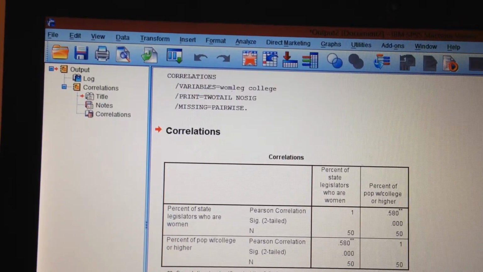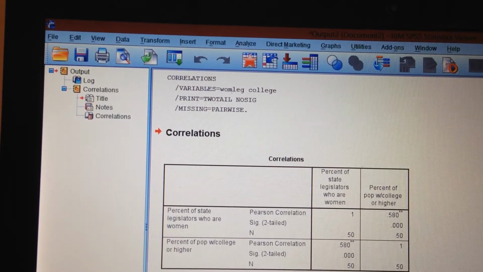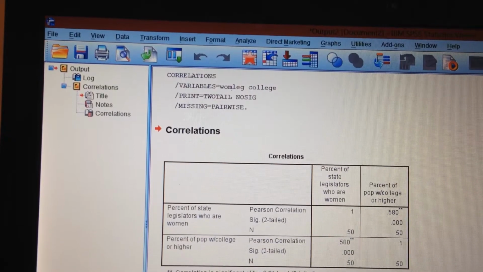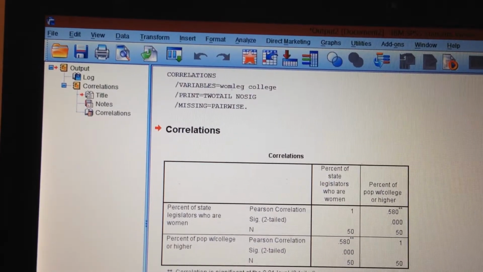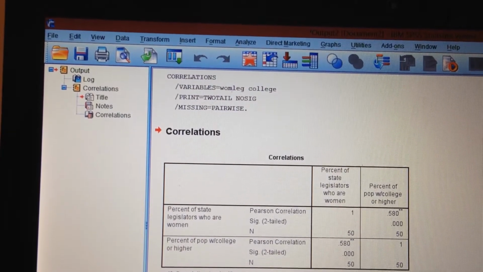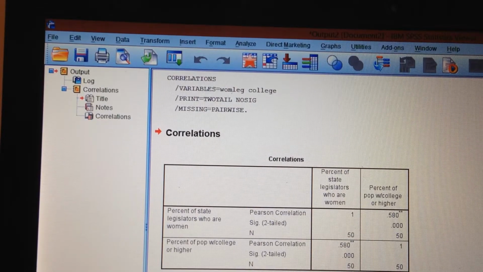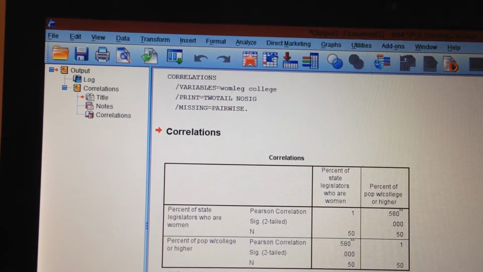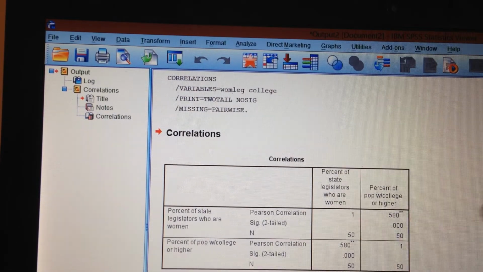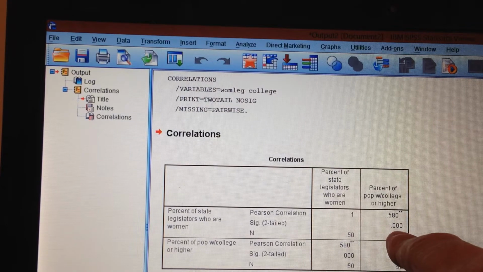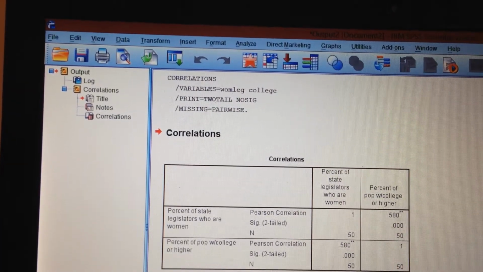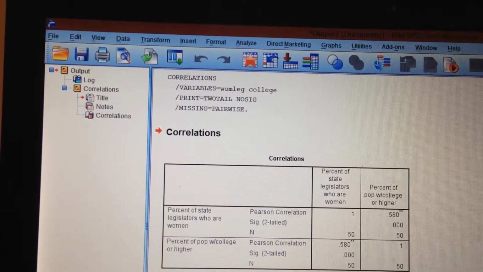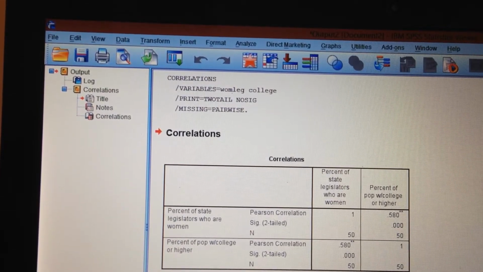Therefore, there is an 83% chance that we are observing something real. And we figured that for our purposes, being 80% sure that we've observed something real is good enough. So therefore, as long as this is 0.2 or lower, that is a statistically significant coefficient.